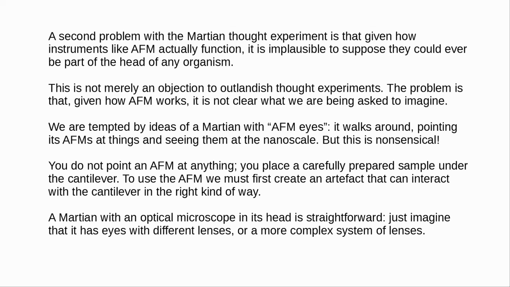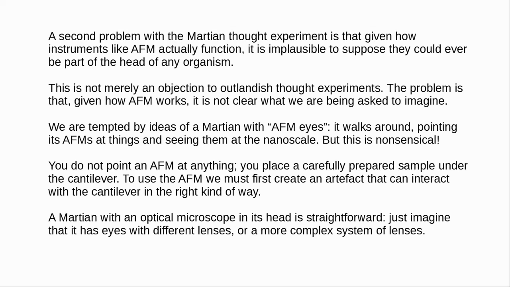But when we try to imagine a Martian with an atomic force microscope, or with some other mechanism that magnifies as much as an atomic force microscope, what would that organism actually be like? Would we still suppose that there's a perceptual process taking place here?